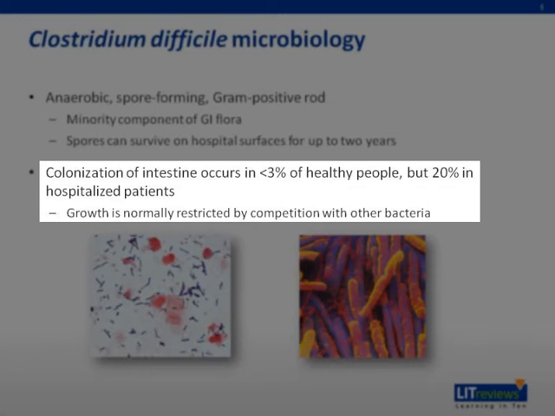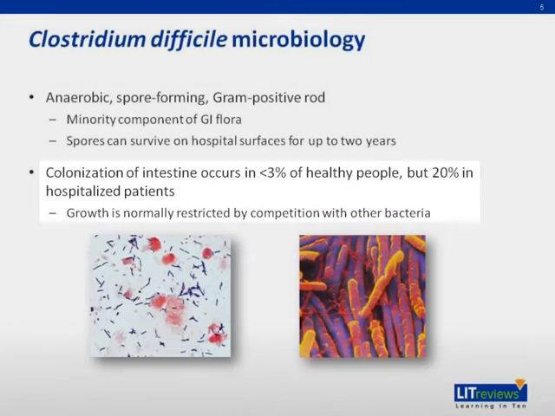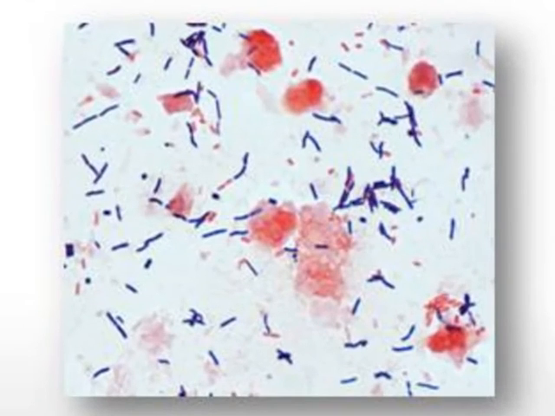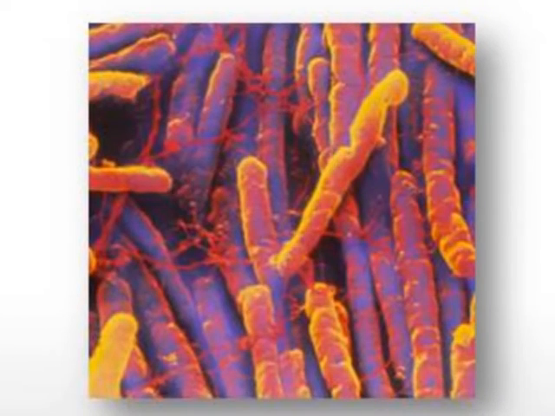And the reason is that when you have a normal gut flora, the Clostridia will not be able to multiply because they'll be in strong competition with other bacteria which are better suited to rapid division in the colon. And what I've shown here is a gram stain on the left, where you can see the gram-positive rods of Clostridia. And on the right-hand side, you're seeing a false color electron micrograph of the individual bacteria.